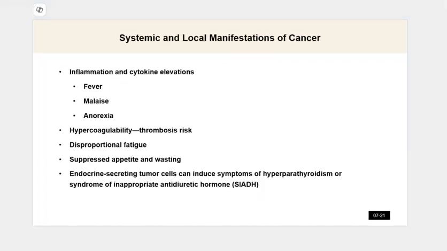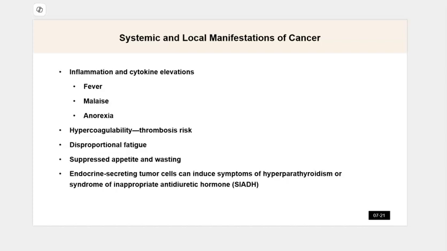So having our typical cells is typical physiology. It becomes pathophysiology when the cells mutate and now become cancer cells. So the next part of the book goes into talking about this pathophysiological alteration at the systemic level or at the local level that we will see when people have cancer.